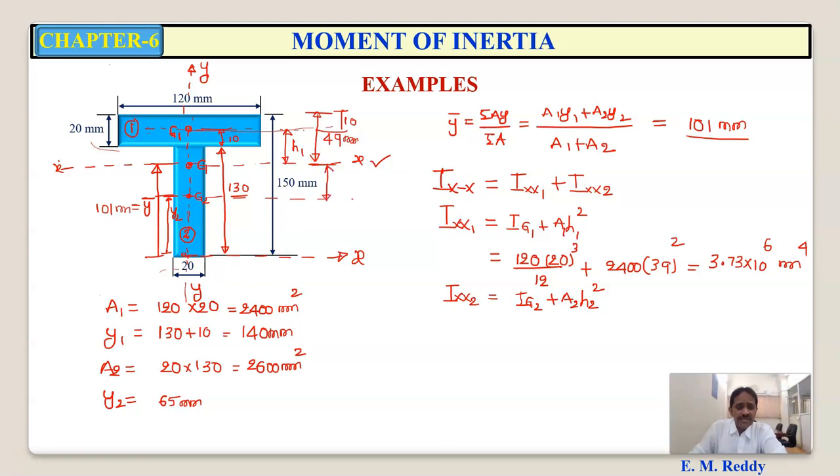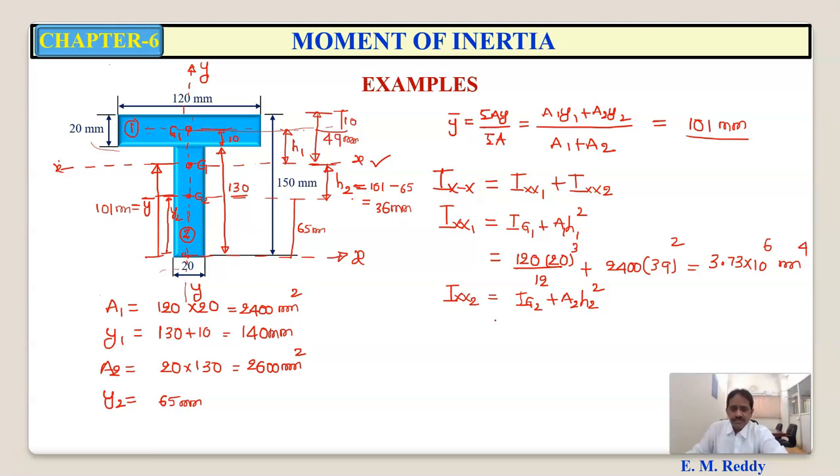The distance between them is H2. Right? So what is H2 here? 101 minus 65. Right? This will be 65. You have this as 65. So 101 minus 65. So how much is that? 36. That is H2.